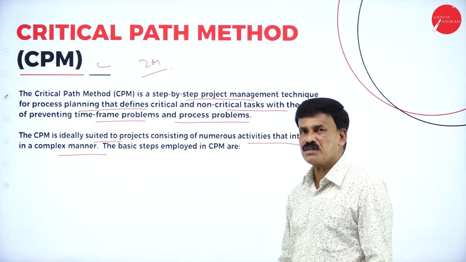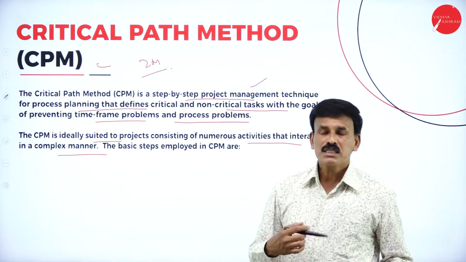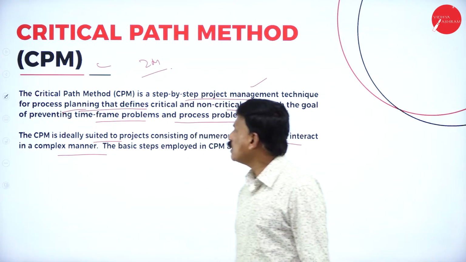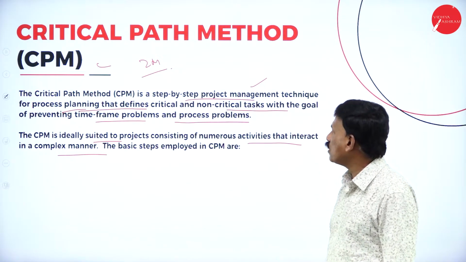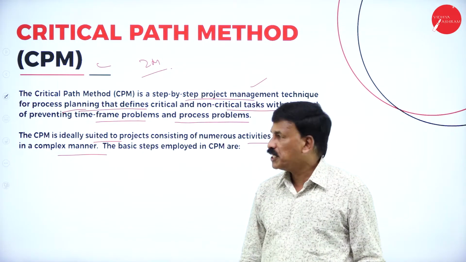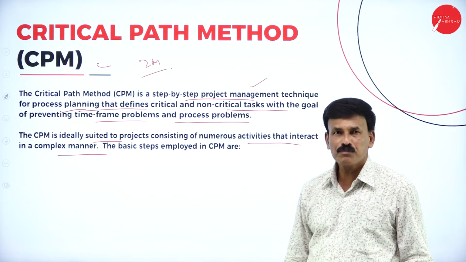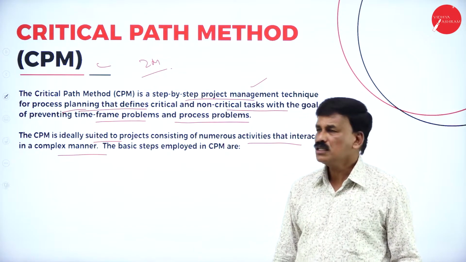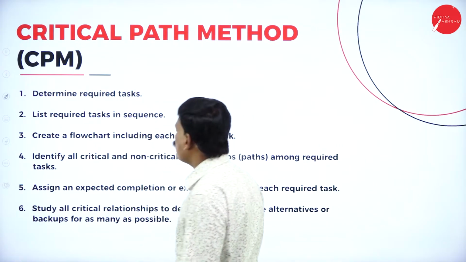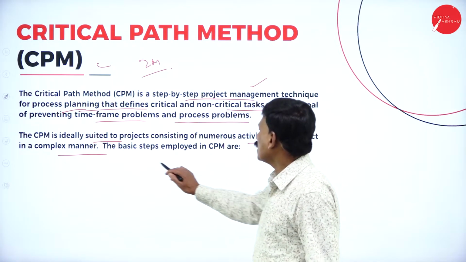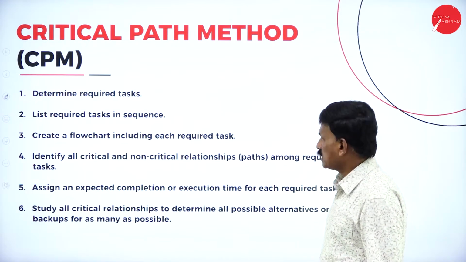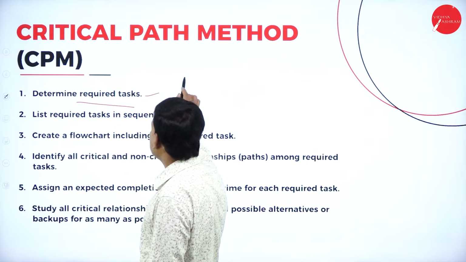CPM is the step-by-step project management method to process planning that defines critical and non-critical tasks with the goal of preventing time frame problems. Now, let us come to the very important concept in CPM. What are the steps? The basic steps employed in the CPM are: determine the required tasks.